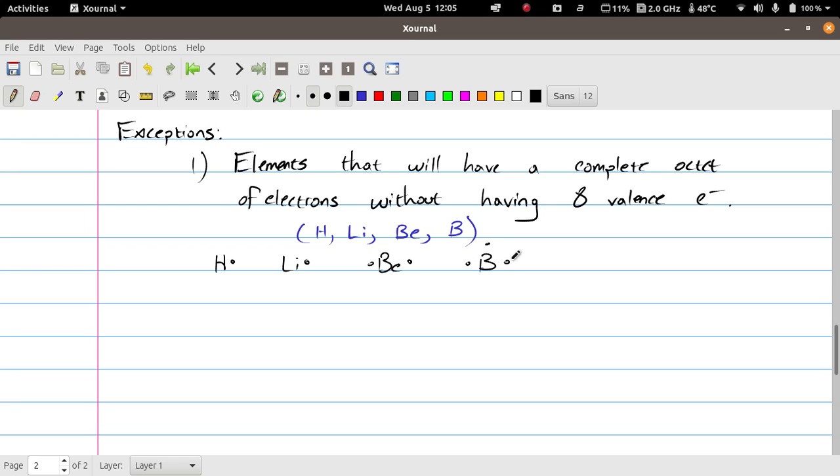All right, so elements in period 3 or higher may have expanded octets.